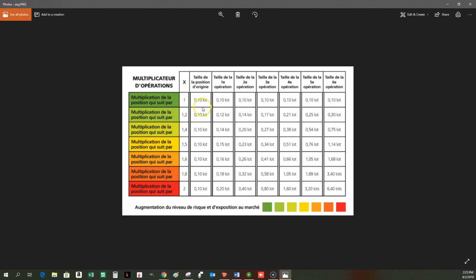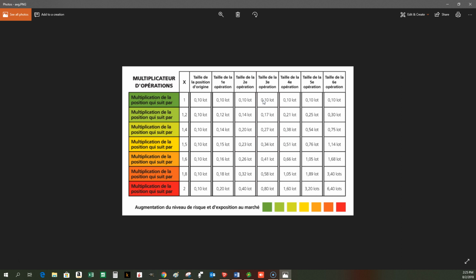So now I took 0.10 lot, and if I want, I can stay for the next position at 0.10 lot, and every position up to 6 positions I will take 0.10 lot. But it will take more time for me to get back my previous position, but it's safer, it's less risky, because you don't take a lot of lots.